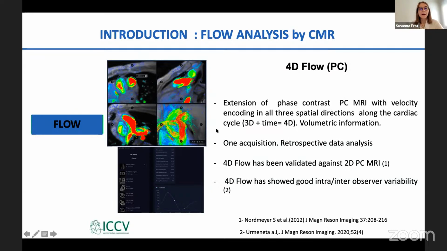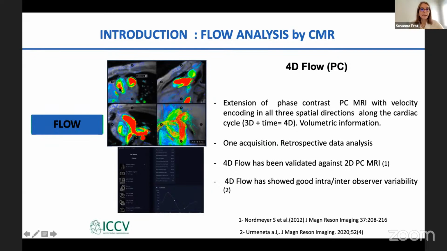We acquire a volume, as we'll see, and we can get all the flow information through all the vessels. It is one acquisition, and the data analysis is done retrospectively. The 4D flow has been validated against the 2D phase contrast MRI in several studies, and has shown good intra- and inter-observer variability.